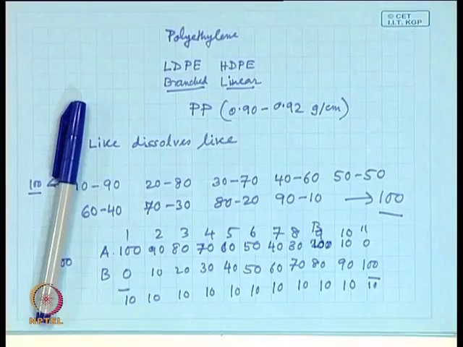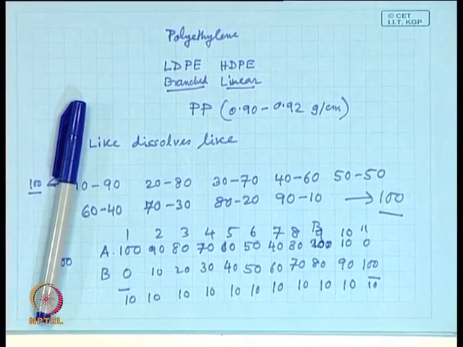After measuring the molecular weight, you have data of different fractions, say 11 fractions of different molecular weight.